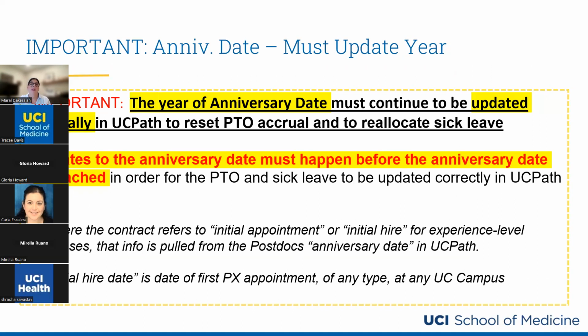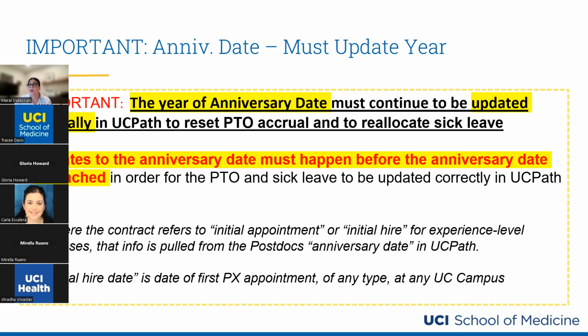And this is important because UC Path uses that date to reset and reallocate PTO and sick leave accruals. Please make sure to make those updates before the anniversary date is reached. If it happens after that date, then it messes up their accruals in the system.